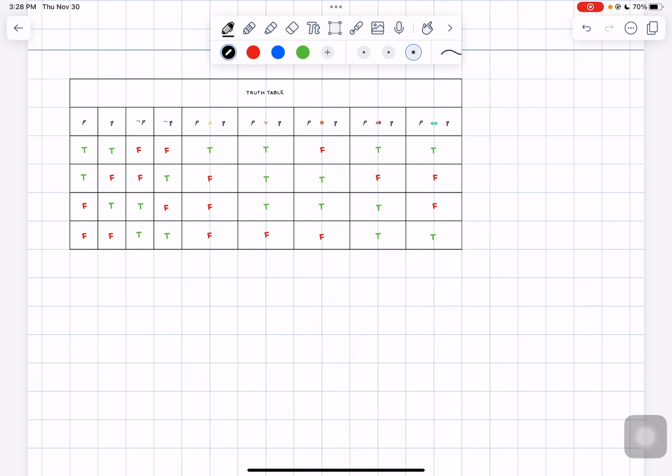In constructing a truth table, to determine the number of rows, we have the formula 2 raised to the nth power, where n is the number of propositions.